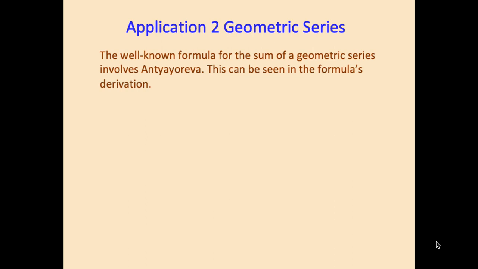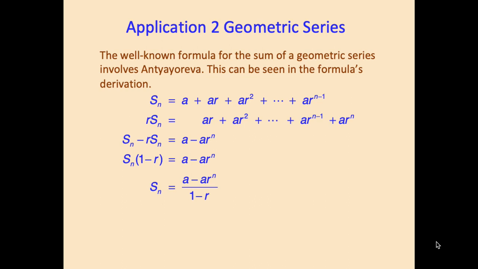So if you have a look at the standard derivation of this formula, we start with a geometric series a plus ar plus ar squared up to ar to the power of n minus 1. On multiplying both sides of this equation by the ratio r, we arrive at ar plus ar squared, etc., all the way through to ar to the power of n.